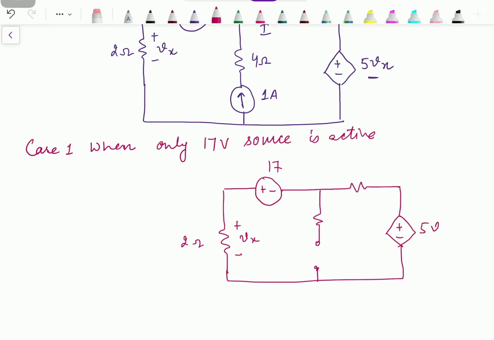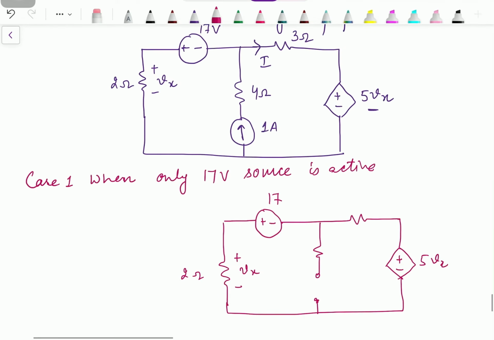Here we have voltage 5Vx. Since the circuit is different from the previous one, which was initially given, because we have removed this current source, instead of I I will write this current as I dash, and in place of Vx I will write it as Vx dash, because this one is different from the voltage over here, and that will be reflected across this voltage dependent voltage source.